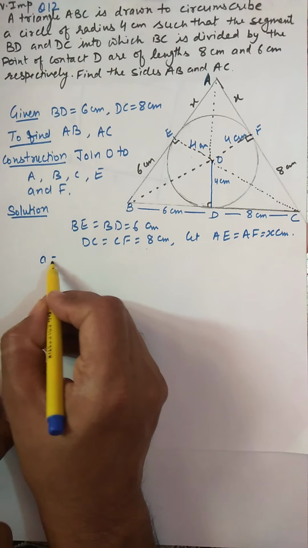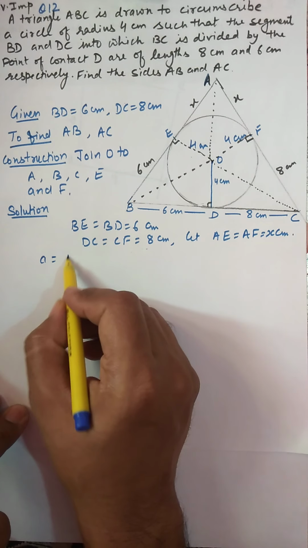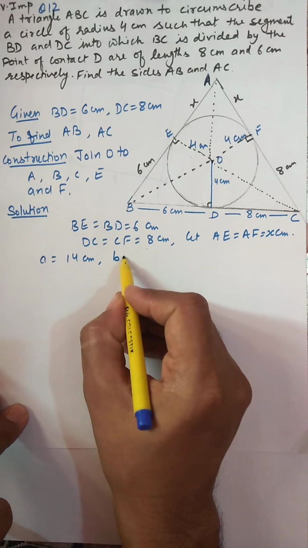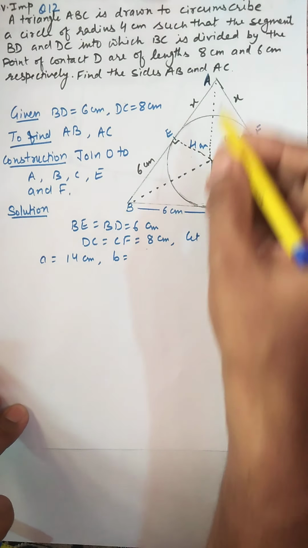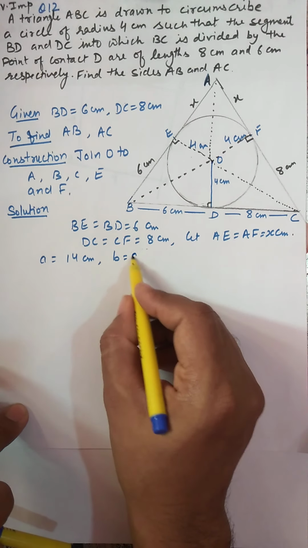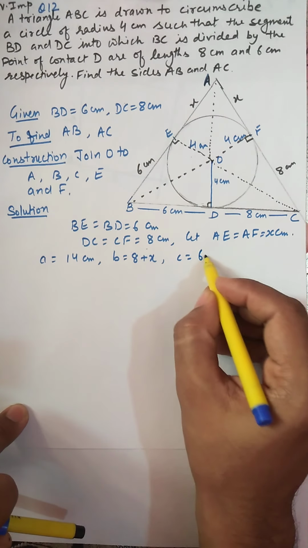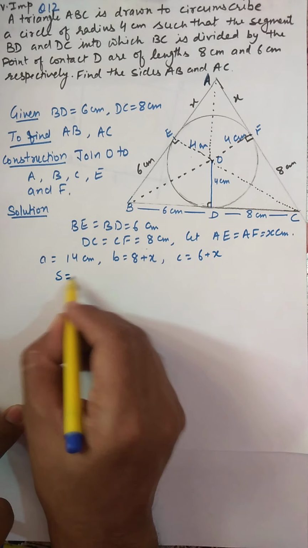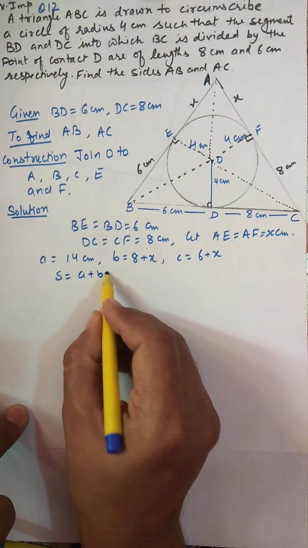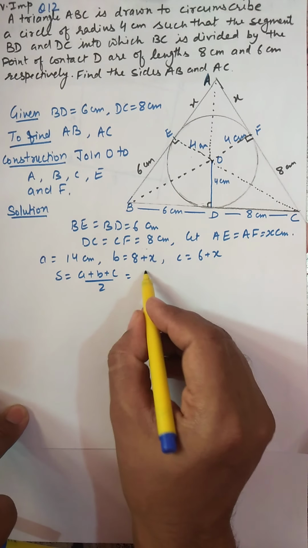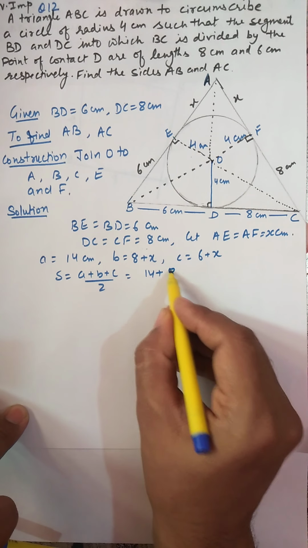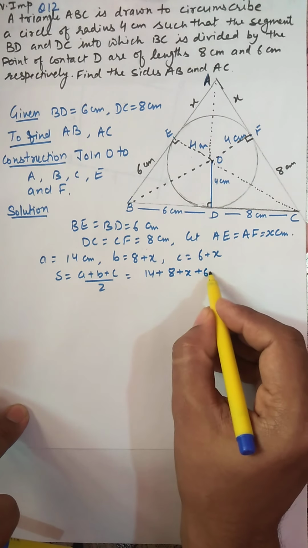For this, consider side a as 14 centimeter, small b you take as 8 plus x, and small c you take as 6 plus x, and find the semi perimeter, which is a plus b plus c upon 2. So this is going to be 14 plus 8 plus x plus 6 plus x divided by 2. So this is going to be 14 plus x after simplifying.